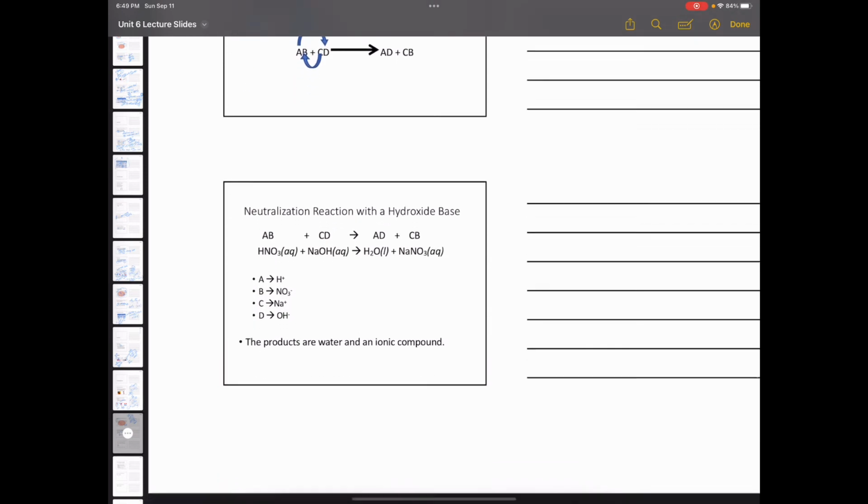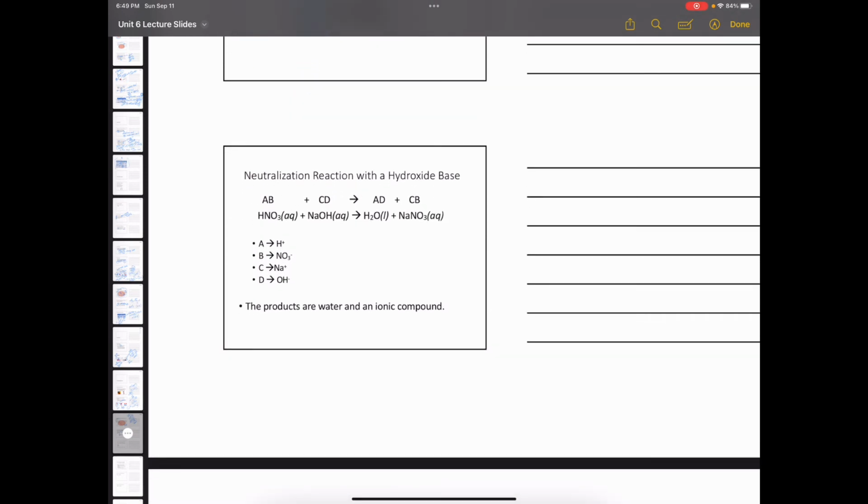So that's your indication when it comes to a neutralization reaction versus a precipitation reaction. Neutralization reactions involve acids and bases, and you should be able to tell right from looking at the molecular structure if we're talking about an acid or a base, while in a precipitation reaction, we're talking about salts.